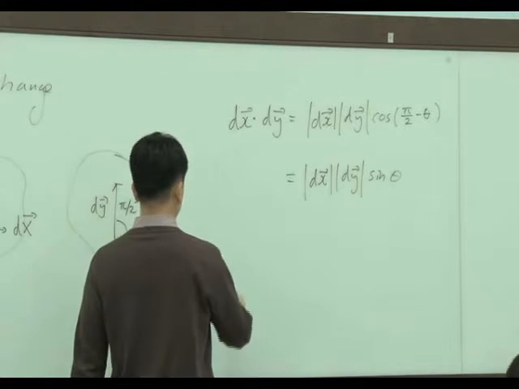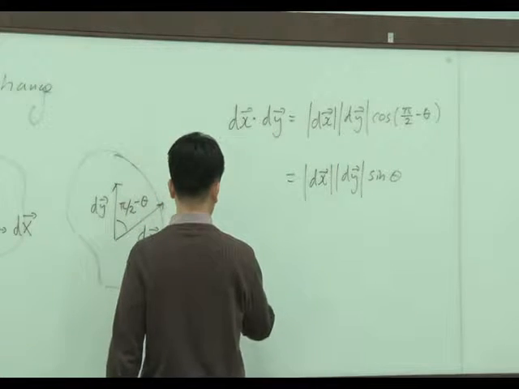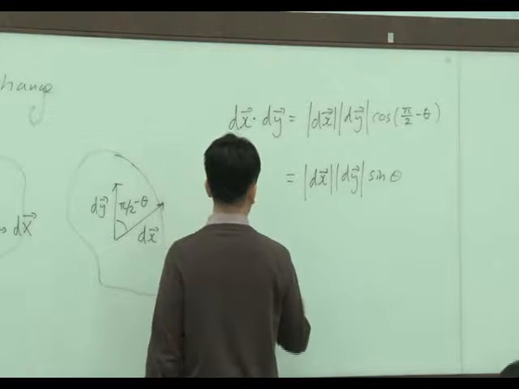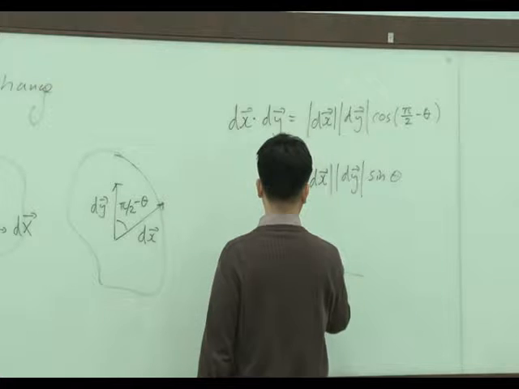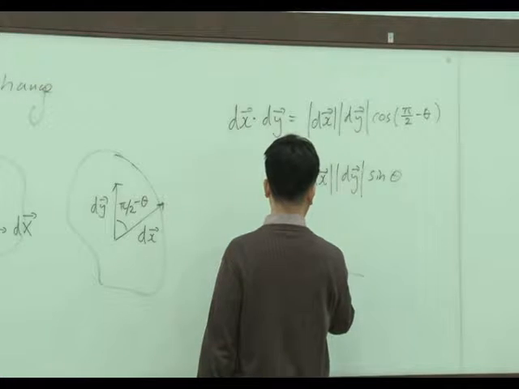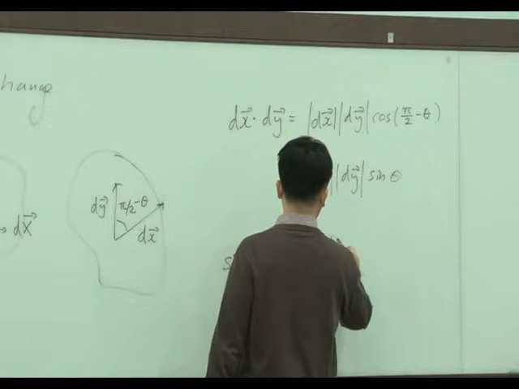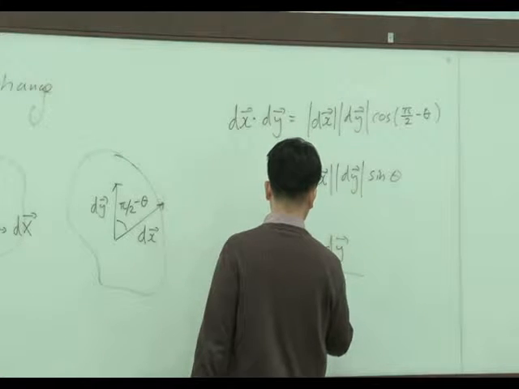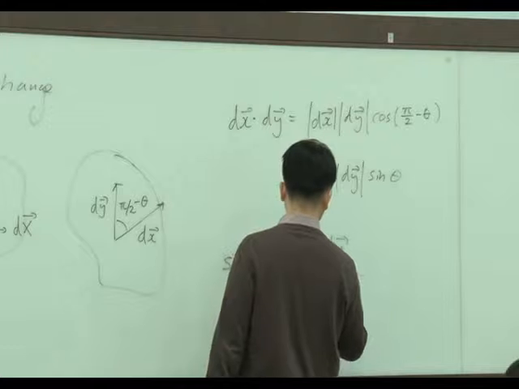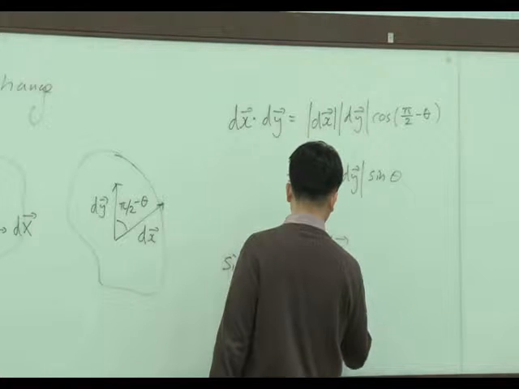So sine theta equals dx dot dy, divided by the magnitude of vector dx and the magnitude of dy.